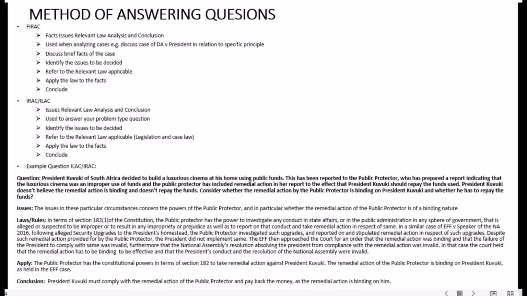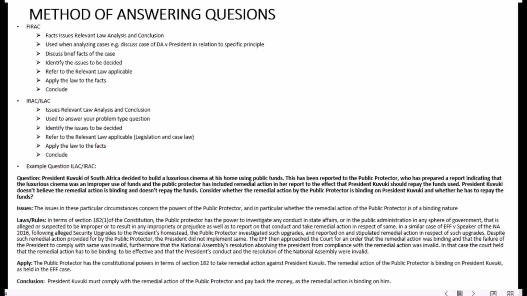In terms of section 182(1) of the Constitution, the public protector has the power to investigate any conduct in state affairs or in the public administration in any sphere of government that is alleged or suspected to be improper or to result in any impropriety or prejudice, as well as to report on that conduct and take remedial action in respect of same.